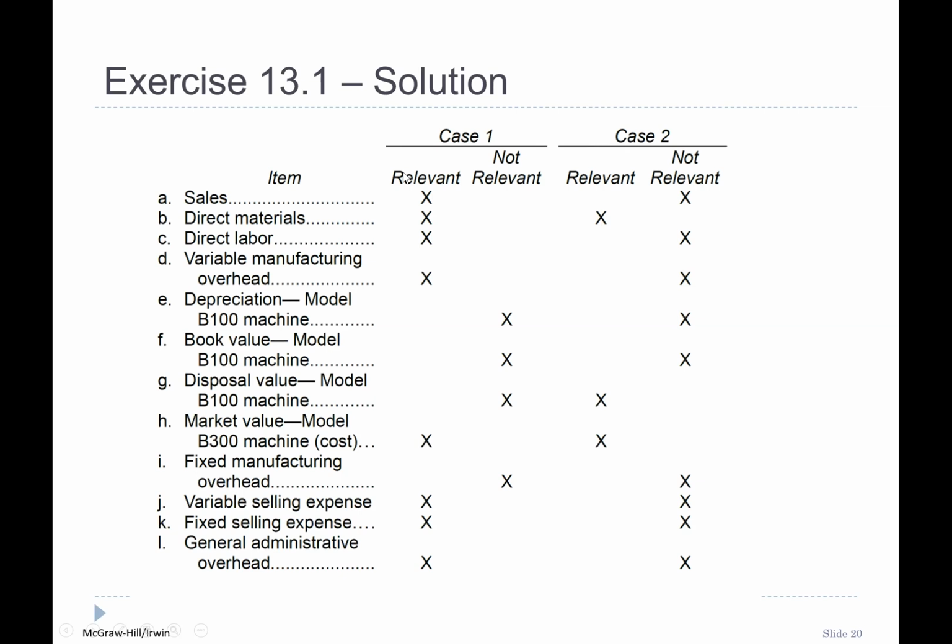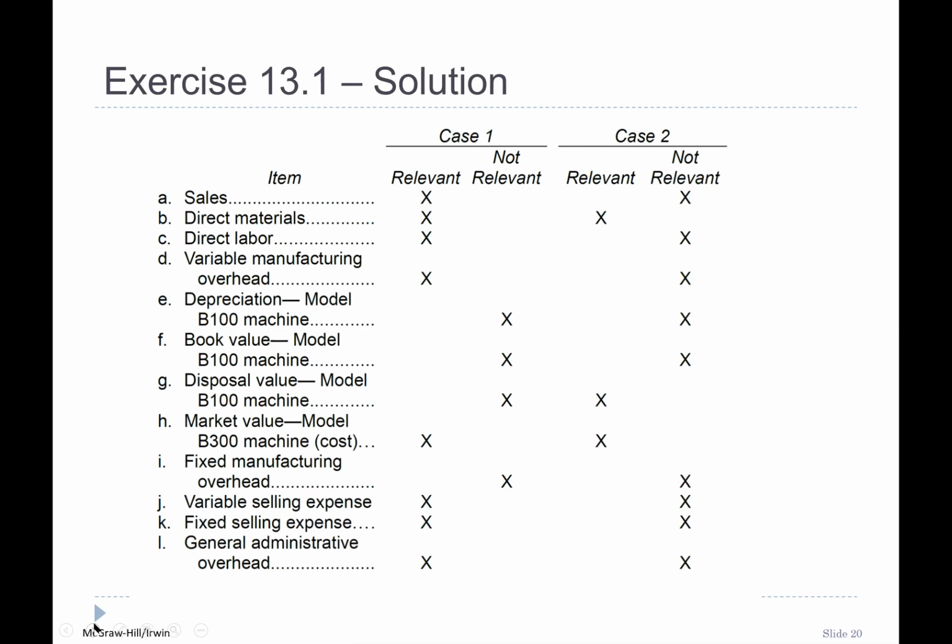Variable manufacturing overhead is relevant in case 1, but it's not relevant in case 2. Right, guys? So I have pasted a solution here. You can compare your solution from this slide. All those viewers who are watching the recorded lecture can compare your answer from this slide.